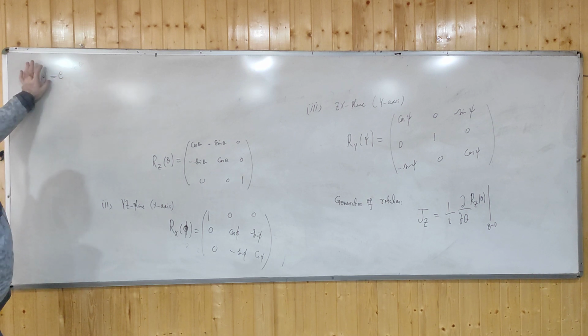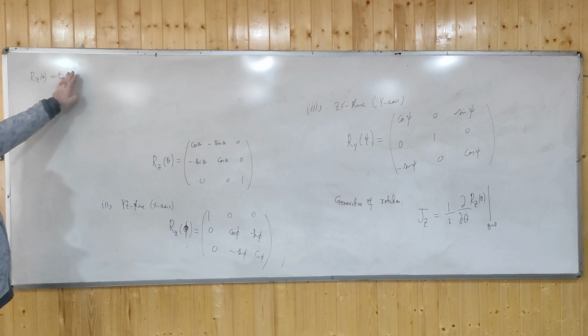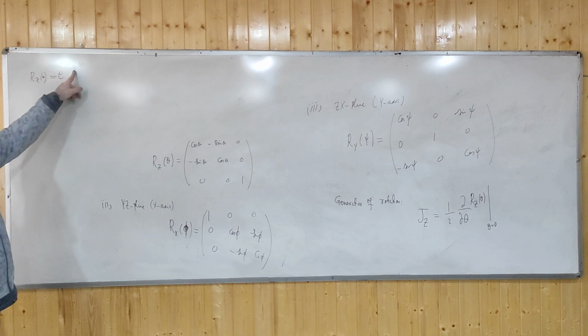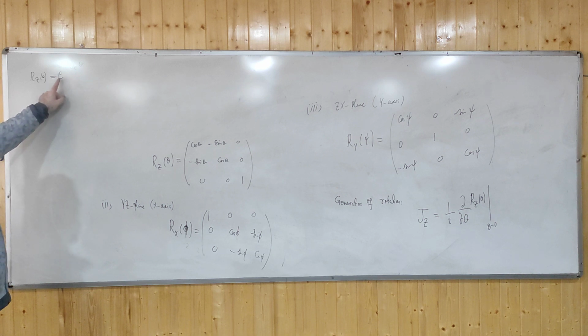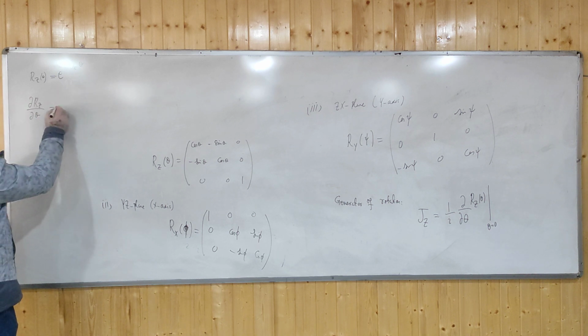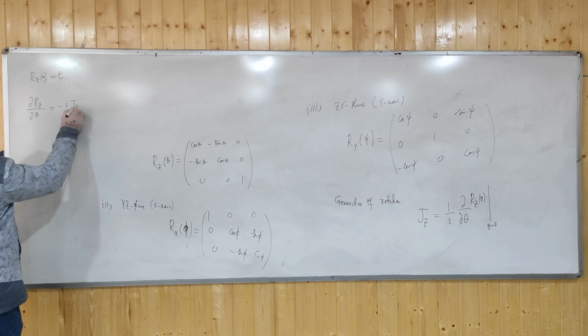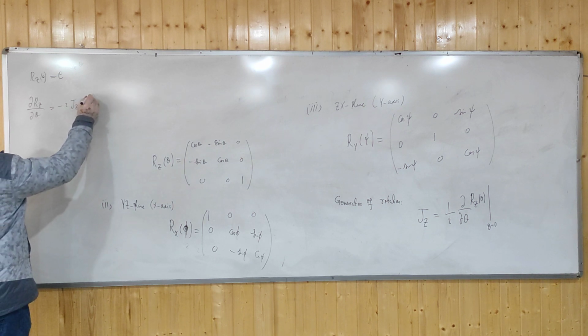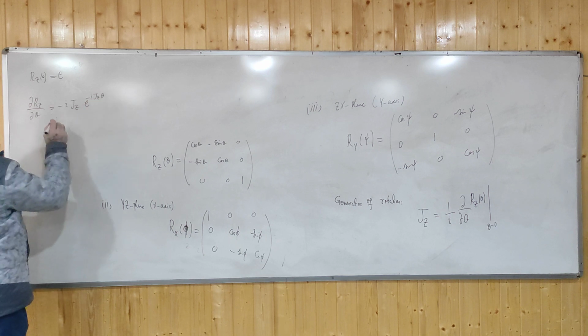So how will I figure out this Jz? If I have the information of Rz, and let's assume I don't have the information of Jz. So let's say I know this and I don't know this. How will I obtain this Jz? Just differentiate this exponential with respect to theta. So partial Rz by partial theta is minus i Jz times the exponential.